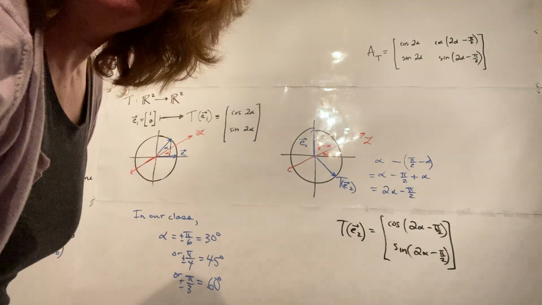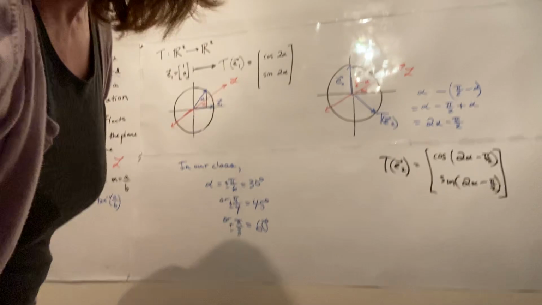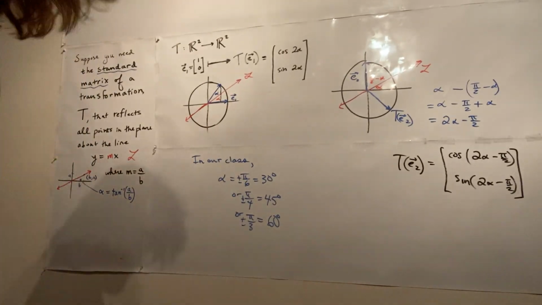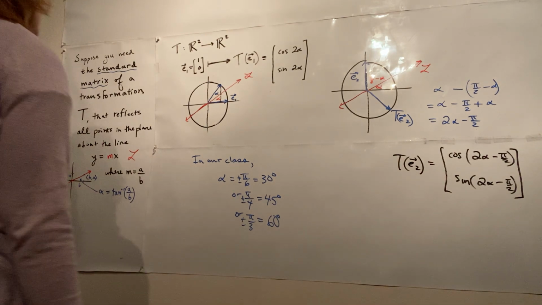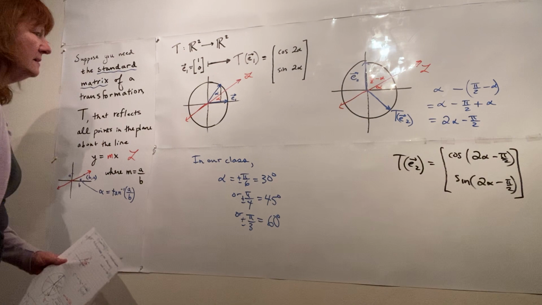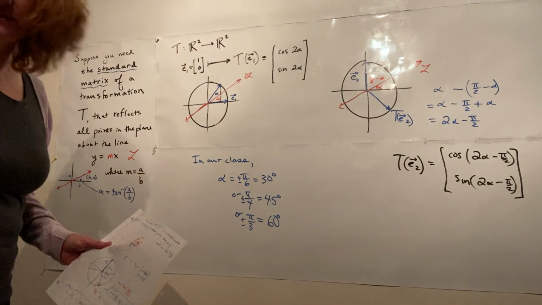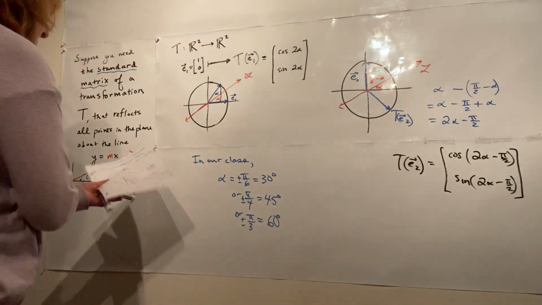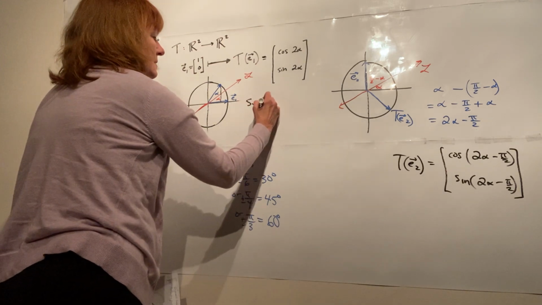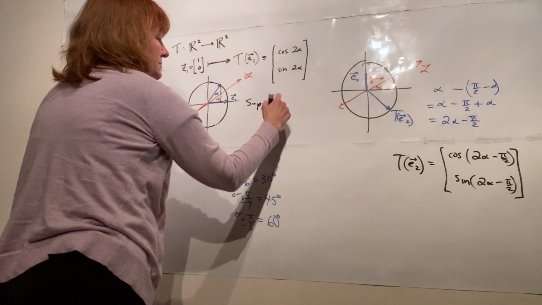Let's do an example. Okay, so let's say that alpha is pi over 6.